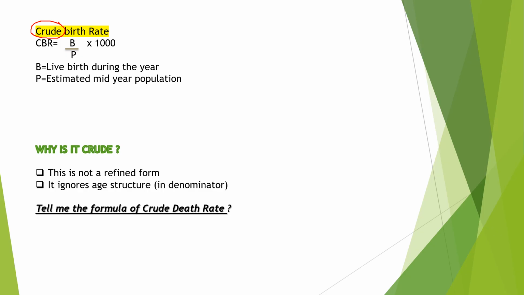That means the denominator, the estimated mid-year population, ignores the age structure. The population includes those aged 0 to 5 years, 5 to 10 years, 10 to 30 years, 30 to 50 years, more than 50 years, above 65 years. What the age structure is, is not clearly mentioned. That is why it is known as crude birth rate.